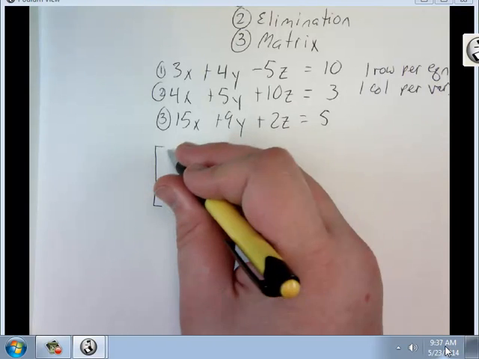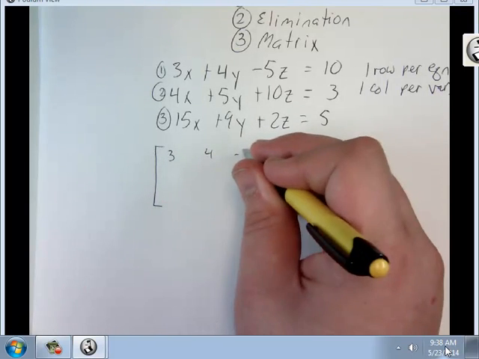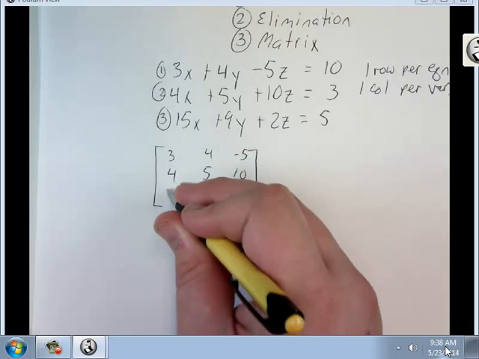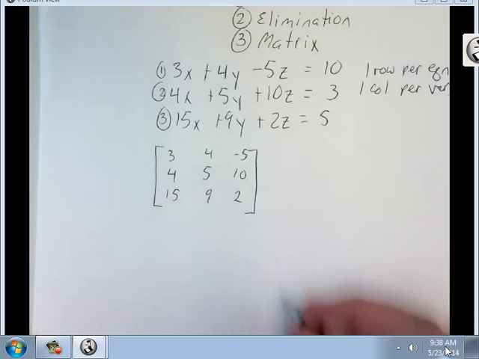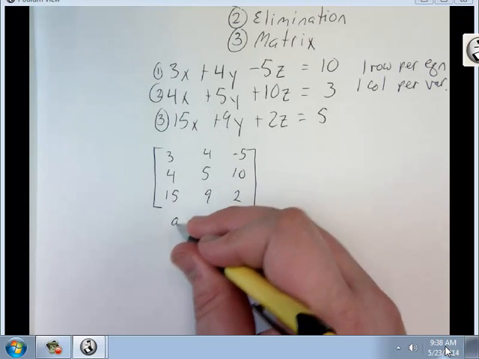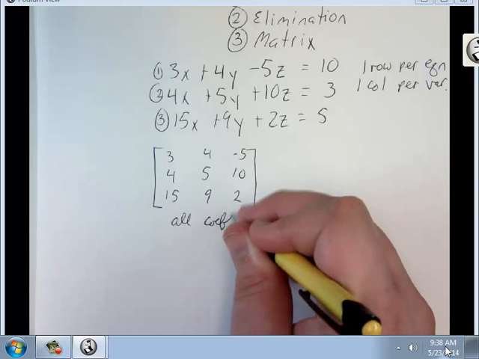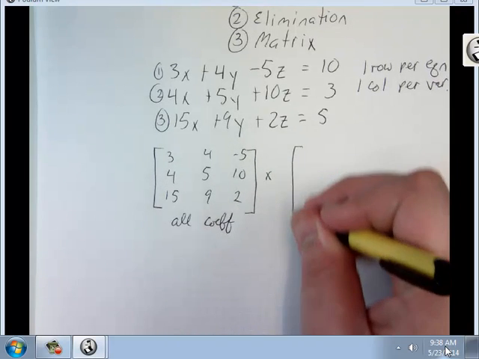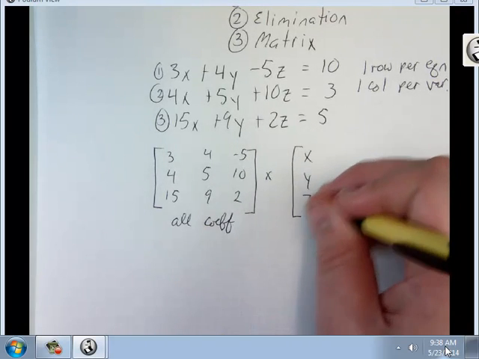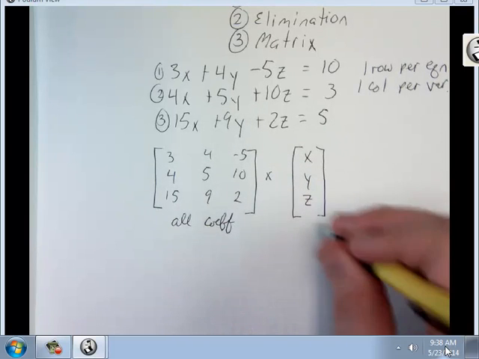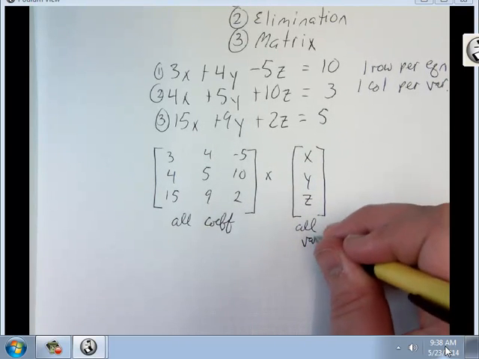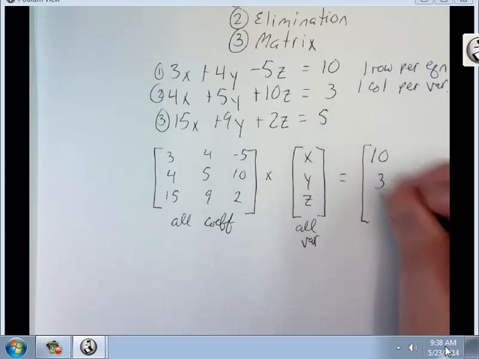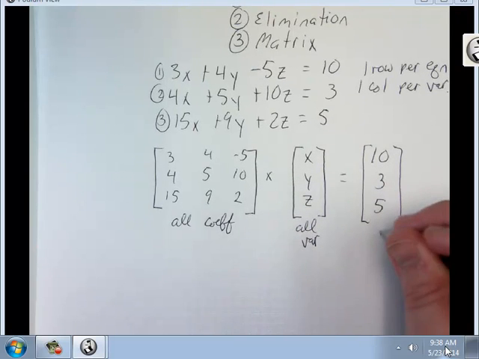So I have 3, 4, minus 5, 4, 5, 10, 15, 9, 2. So this one's just coefficients. That's going to be multiplied by x, y, z, which is all my variables, to give me 10, 3, 5, which is all my answers.